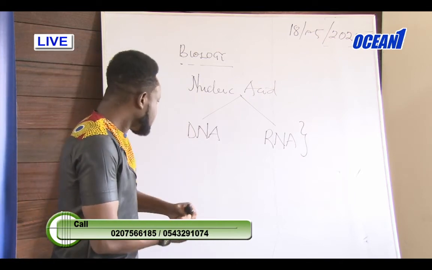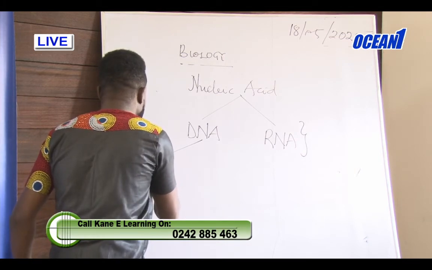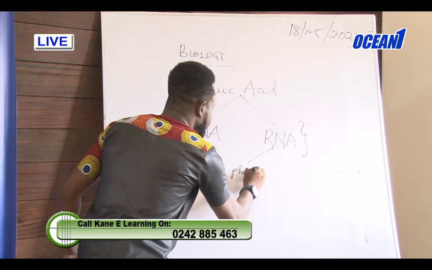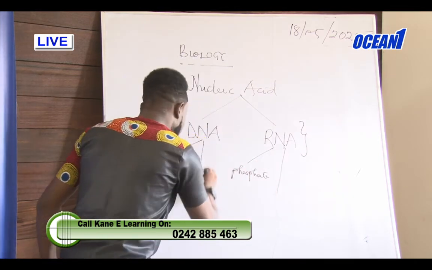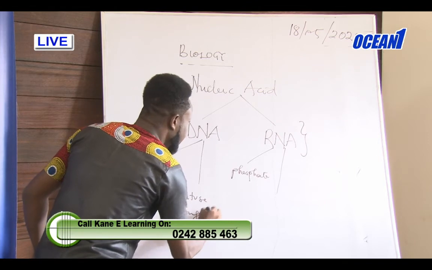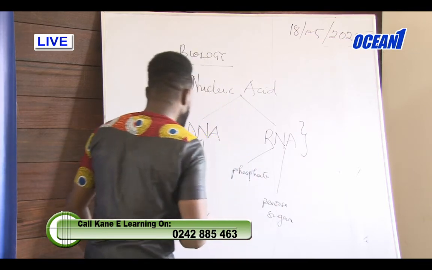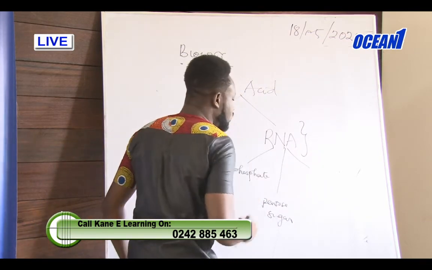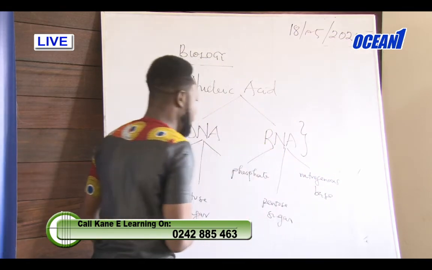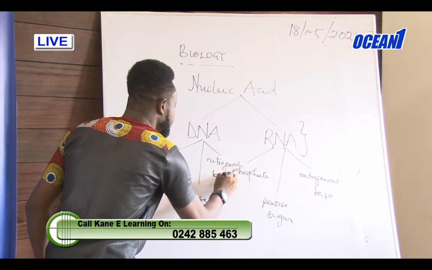Then we said that when you take the DNA and RNA, all of them are made up of a phosphate group, a pentose sugar, and a nitrogenous base. So that is a quick recap on what you have done today.